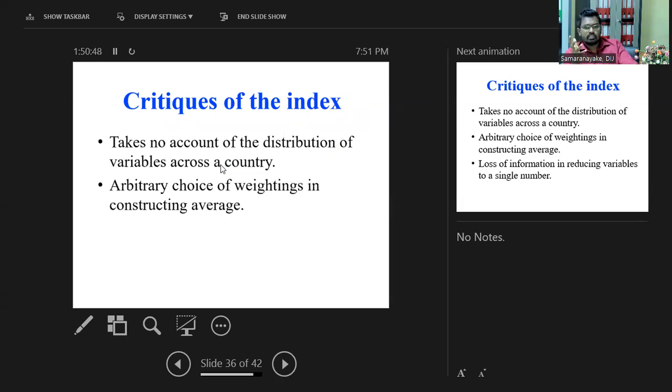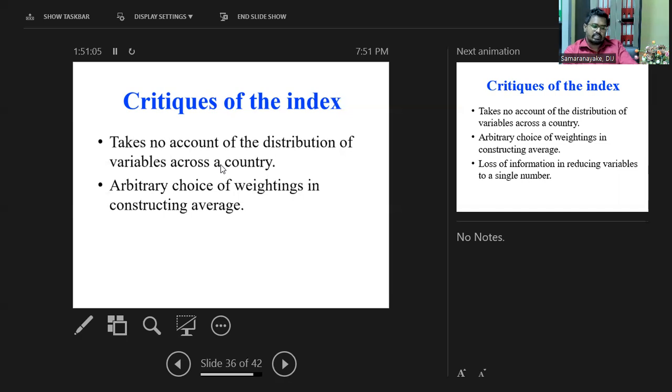How did these things come up? What's the rationale for having these weights all the time to measure the human development index for different countries? That is another question.